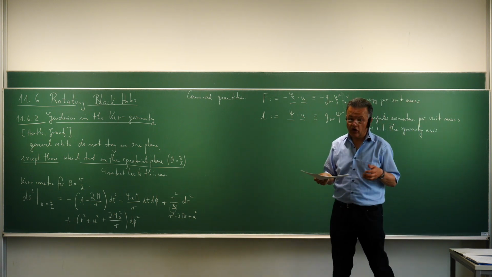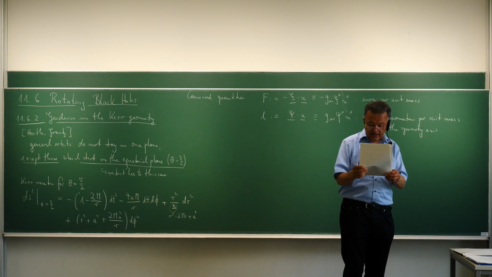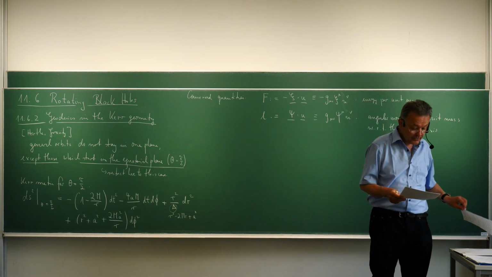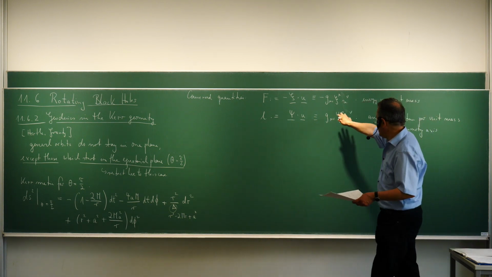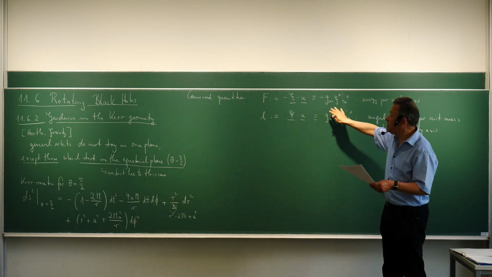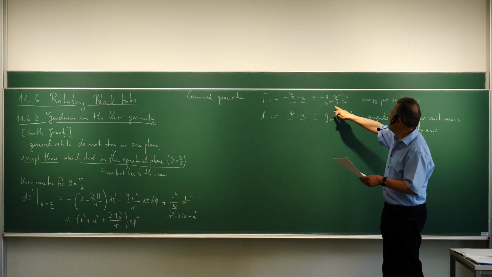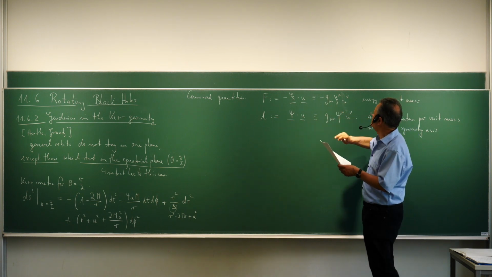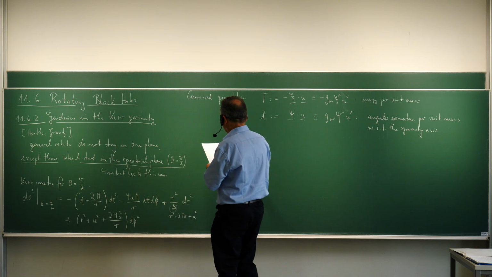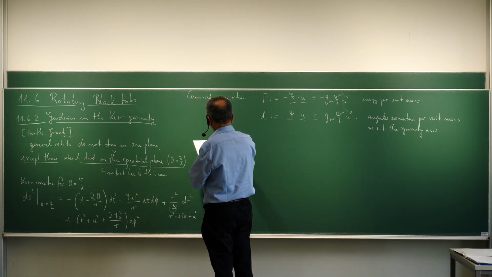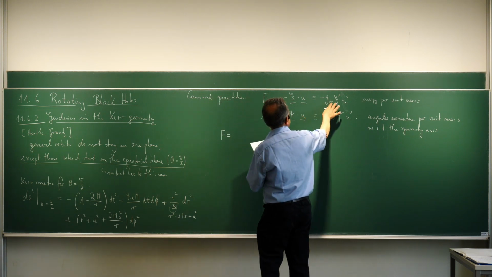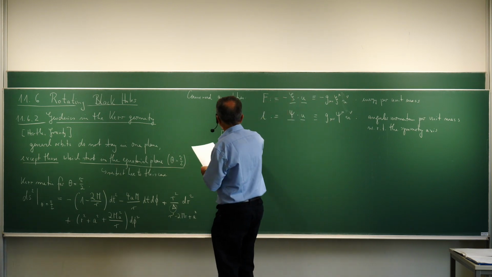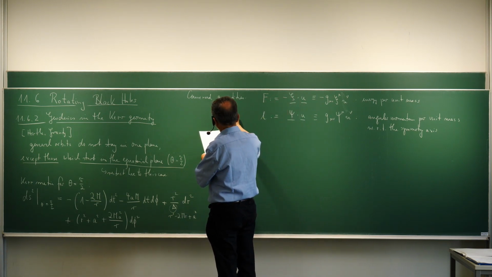Now for equatorial orbits, this is of course the total angular momentum. Okay, we have this scalar product, so we can express this by inserting g mu nu. So F, which is this here, we insert in that coordinate system that xi is (1, 0, 0, 0).